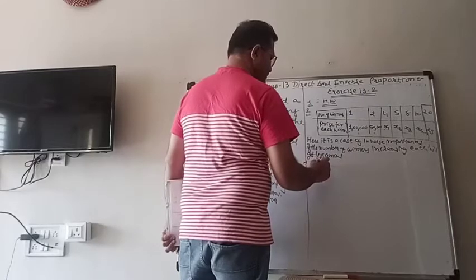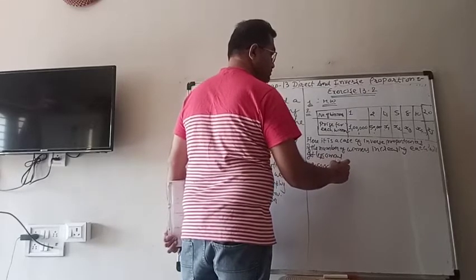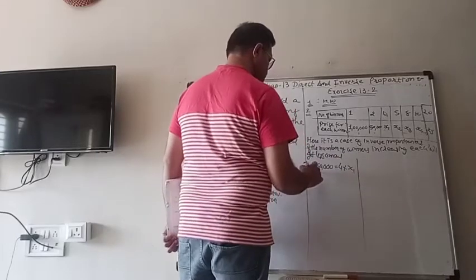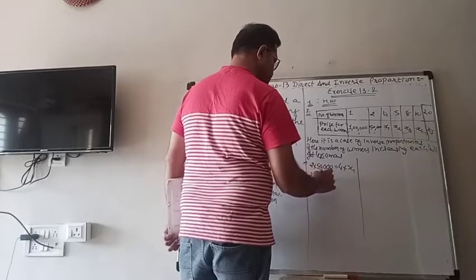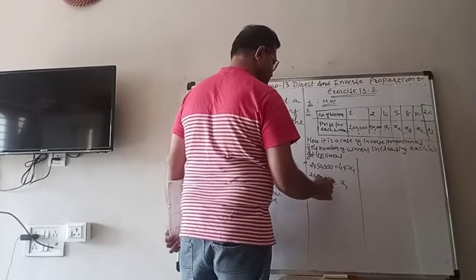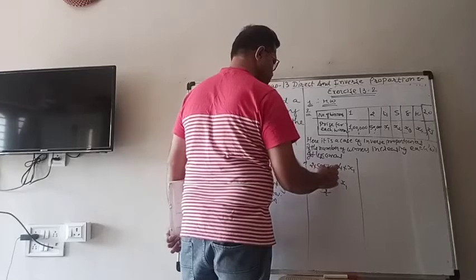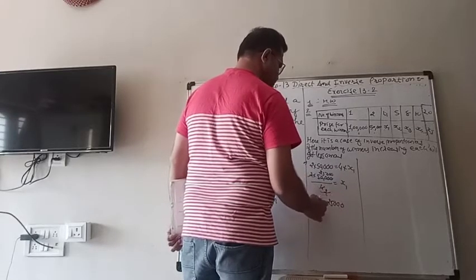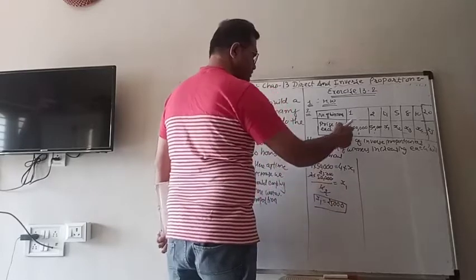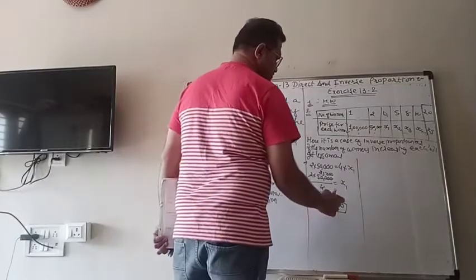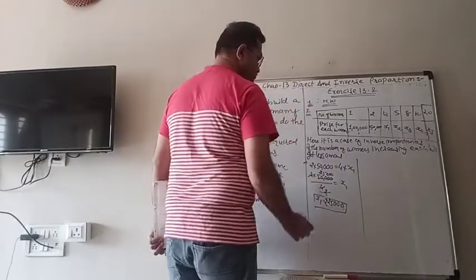So 2 multiplied by 50,000 is equal to 4 multiplied by x1. So 2 multiplied by 50,000 divided by 4 is equal to x1. 2 2s are 4, 25,000. So x1 is equal to 25,000. So if there are 4 winners, each one will get only rupees 25,000.